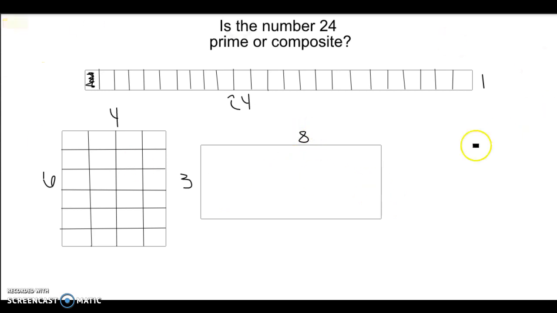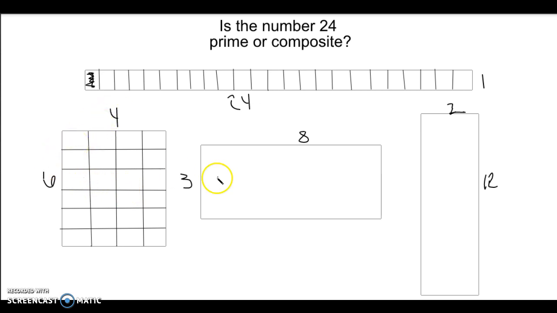And then I could make another long skinny rectangle, and I could say that it has a height of 12, there we go, and a width of 2. So in this one, I'd have 2 columns and 12 rows. So in every one of these configurations, I'm only using 24 unit cubes, just arranging them in different rectangles.